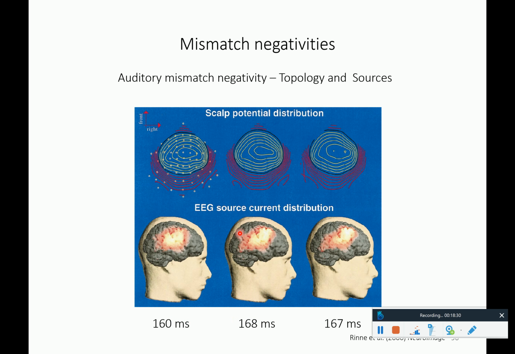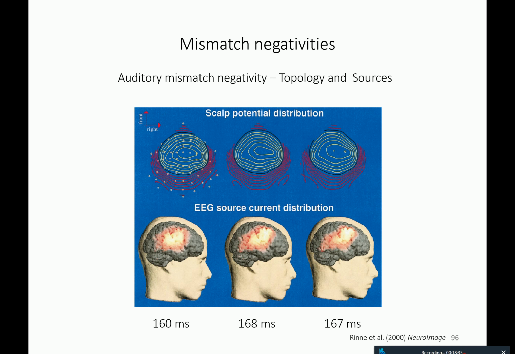This shows quite an old source reconstruction, I think from 2000, where here you have the skull potential distribution, fairly old school with hardly any color, and some source reconstruction where you use essentially many dipoles at a lot of places. We will also discuss that in more detail.